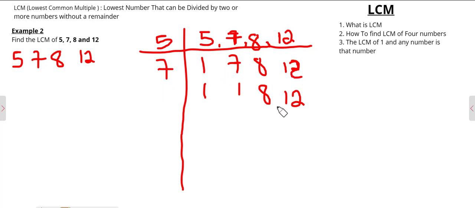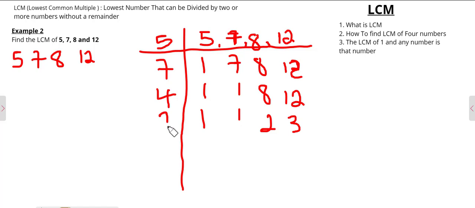Now we want to divide 8 and 12. 8 and 12 have a common divisor. 4 can divide 8, and 4 can also divide 12 without a remainder. So if we have 4 here, here will be 1, 1, here will be 2, and here will be 3. So next is going to be to divide 2 and 3.